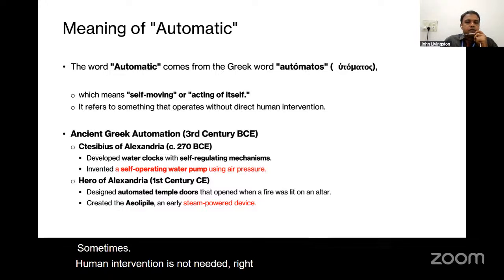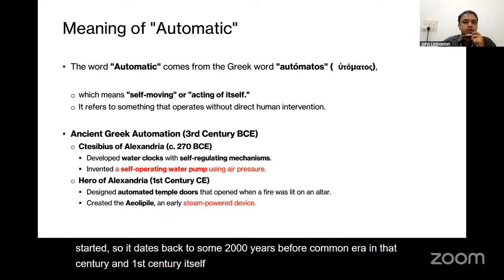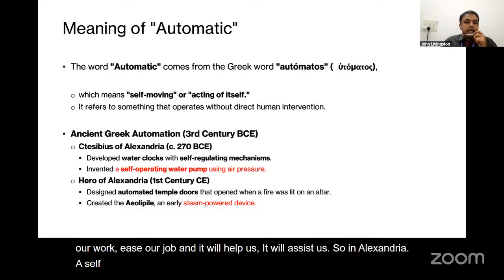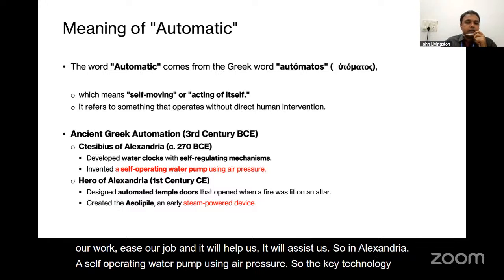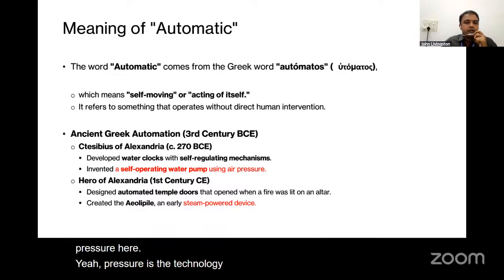So when did automation start? It dates back to some 2000 years before the Common Era. In the third century and first century itself, they started to do automation. It eases our work and it will assist us. In Alexandria, a self-operating water pump used air pressure. Air pressure is the technology used for the self-operating water pump.